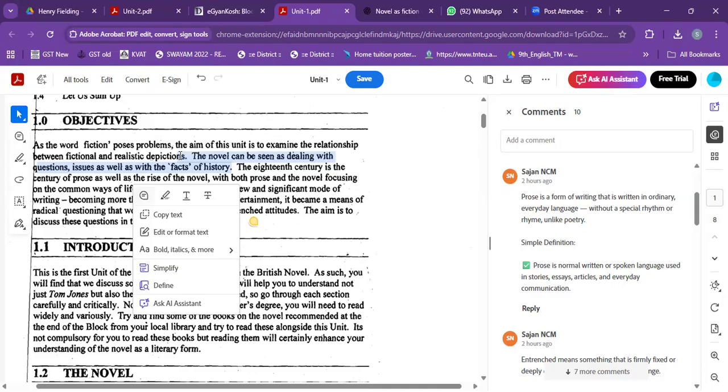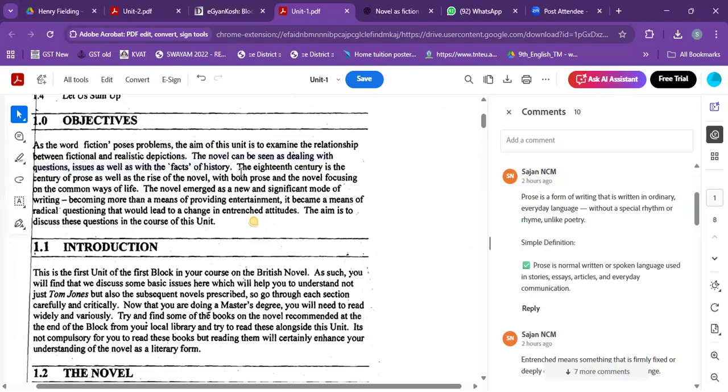There are lots of novels written based on real incidents that happened in the world. The novel can provoke questions and make people think. It deals with issues. The 18th century is a century of prose as well as the rise of the novel.